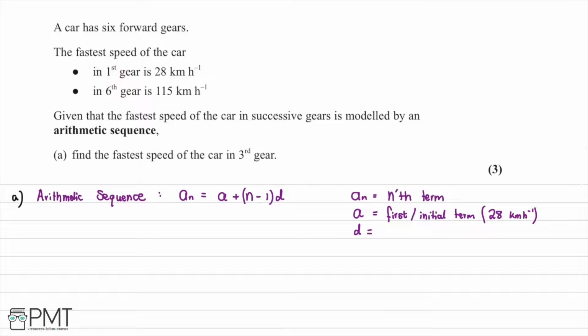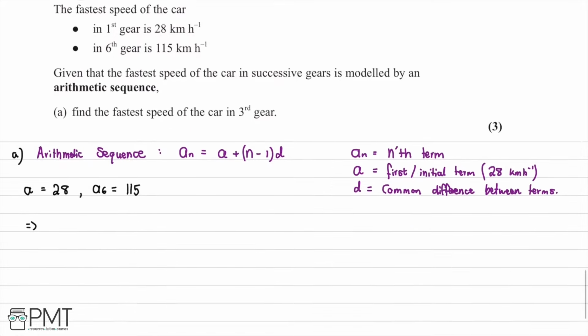And what's d going to be? d is the common difference between terms, and at this stage, we don't know what d is. So for our situation, we're going to have a equals 28. And then we also know that the sixth term, a6, is going to be equal to 115, as this is what happens in sixth gear.